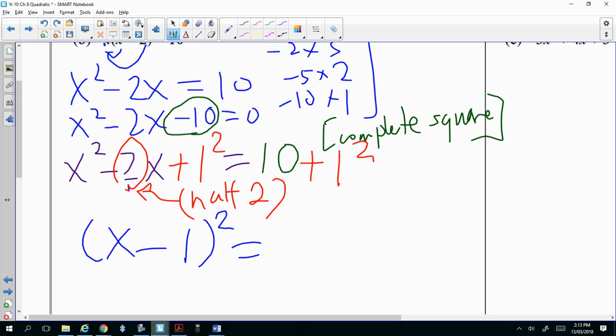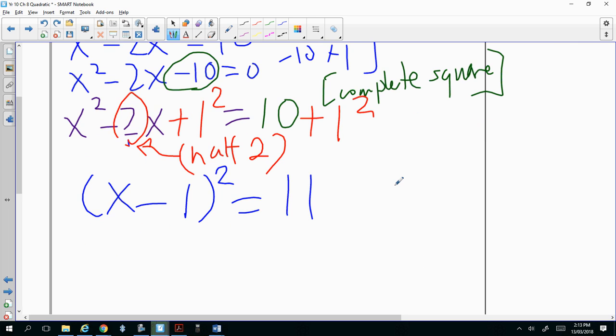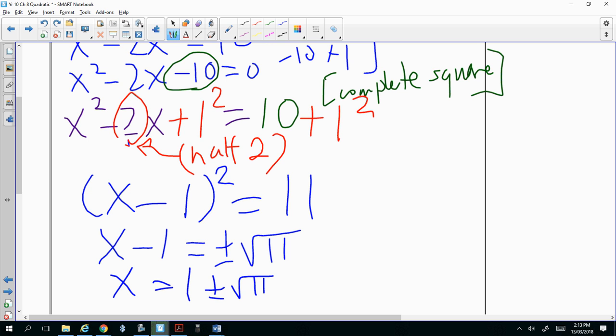You get x minus 1 equals plus or minus the square root of 11. Then you make x the subject: x equals 1 plus or minus root 11. So we solved the equation by completing the square.